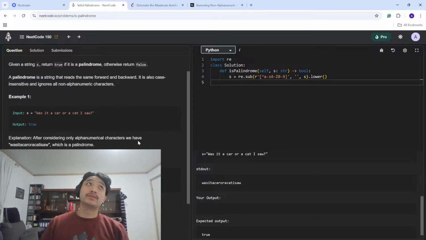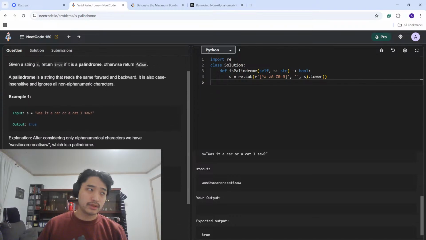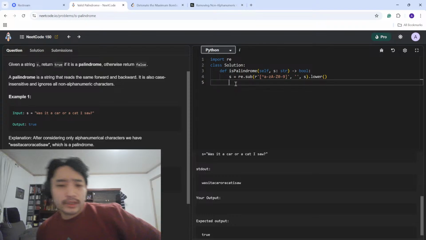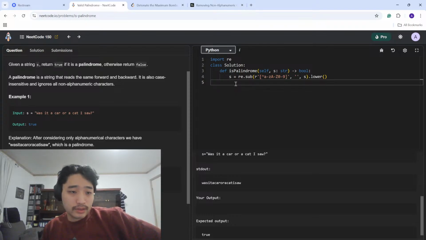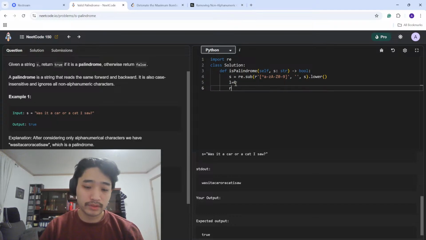Is that the most efficient way? The runtime would be big O of n divided by 2, wouldn't it? Or is it just n? There have to be smarter ways of doing it, but I'll do it the intuitive way, you could say. So we have pointer left equals 0 and pointer right equals len of s minus 1.